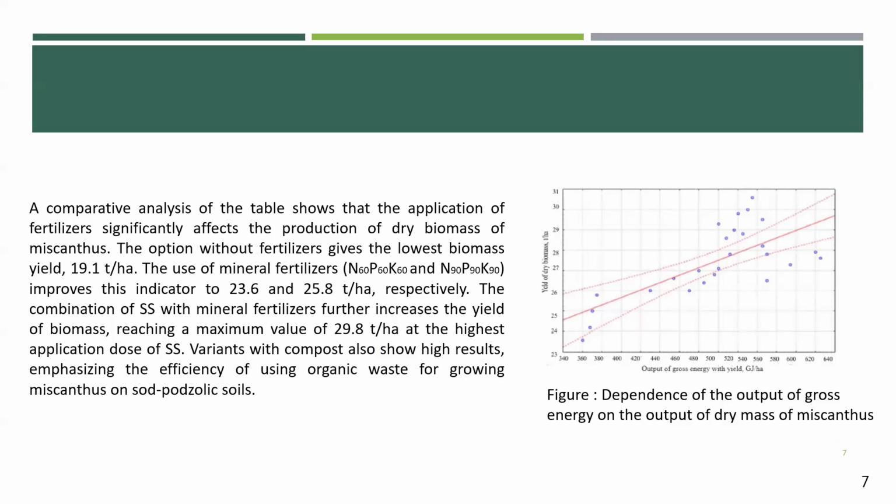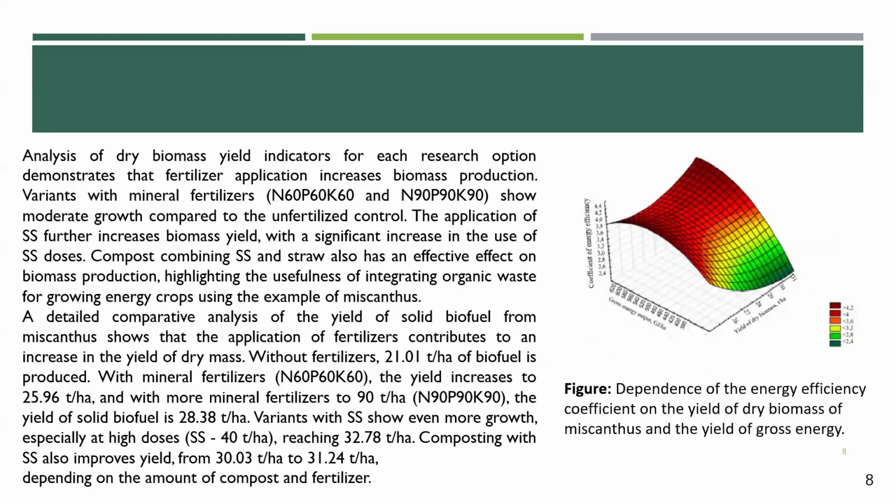And the combination of CSC with mineral fertilizers further increases the yield of biomass, and variants with compost also show high results, emphasizing the efficiency of using organic waste for growing miscanthus on podzolic soil.